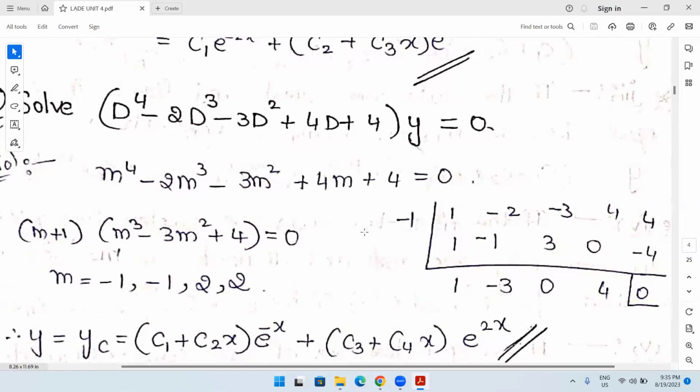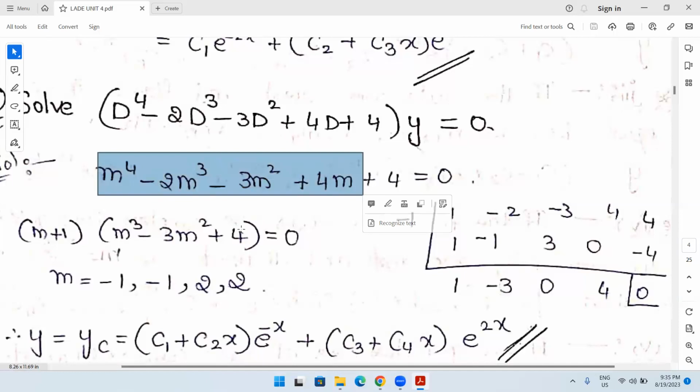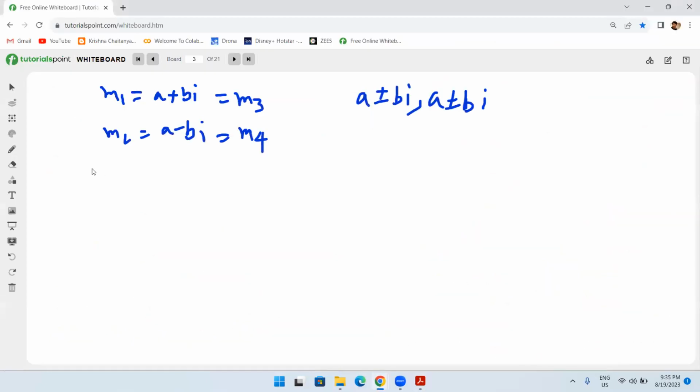Using the trial and error method, first we substitute 0. 0 is not the root. One second, I'll explain here.